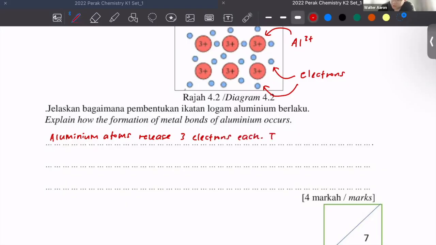And after that, you say that the aluminum atom becomes an aluminum ion.